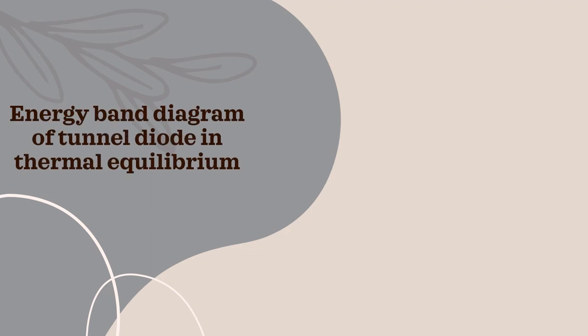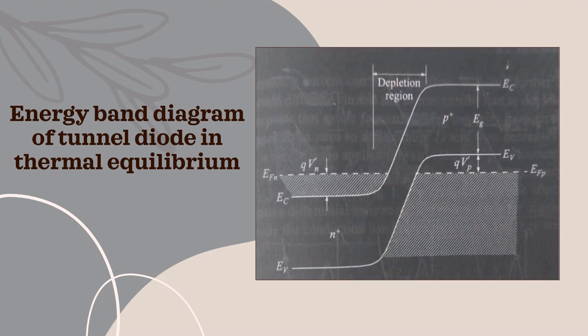Okay. So this is the energy band diagram of a tunnel diode, right? This side is the N plus region and this side is the P plus region. Why is it represented as N plus region and P plus region?